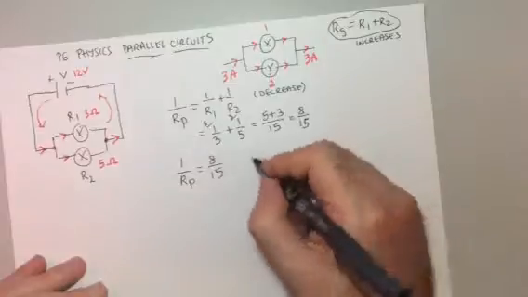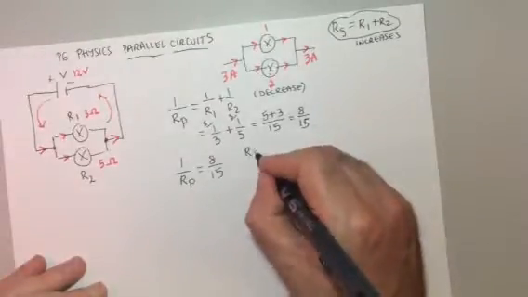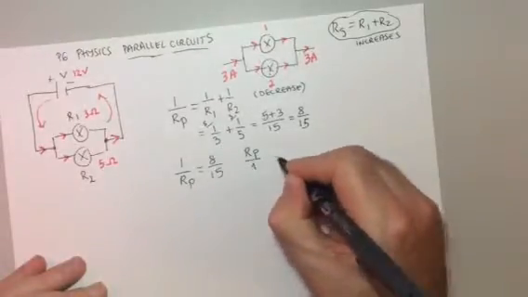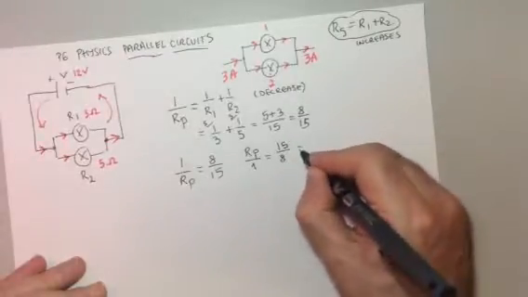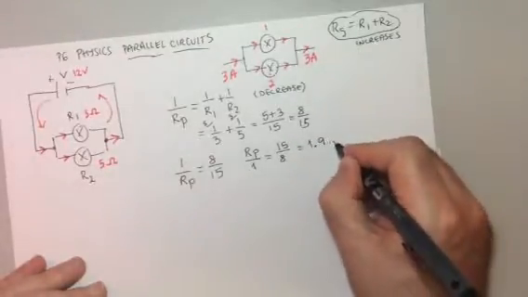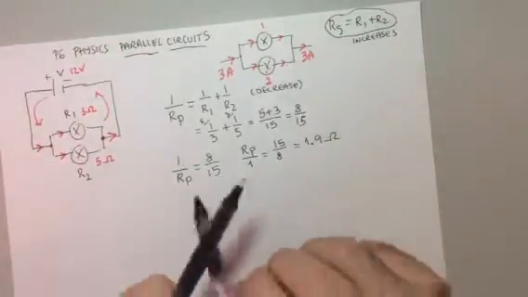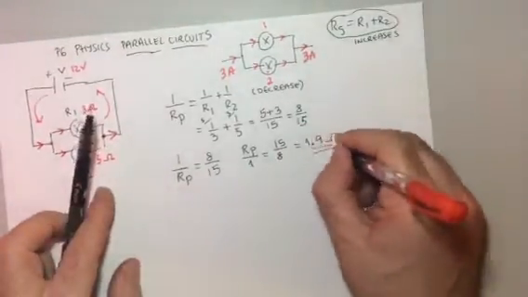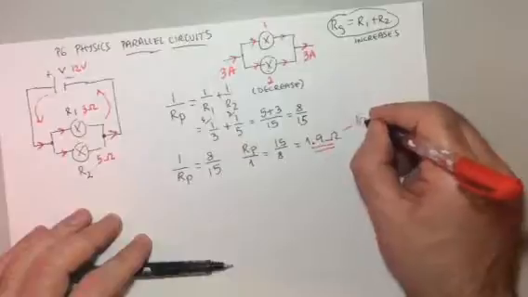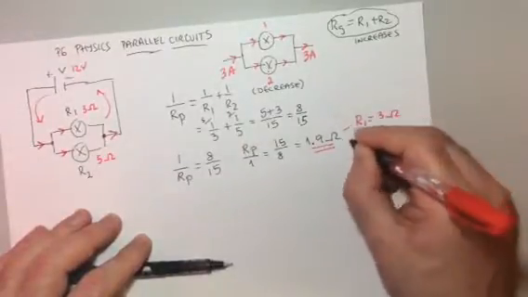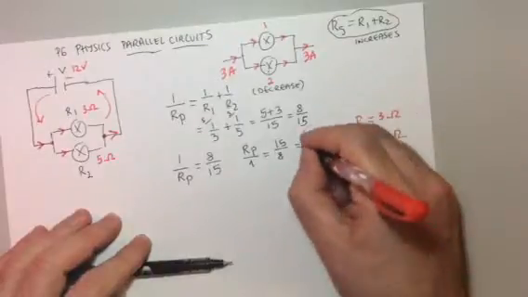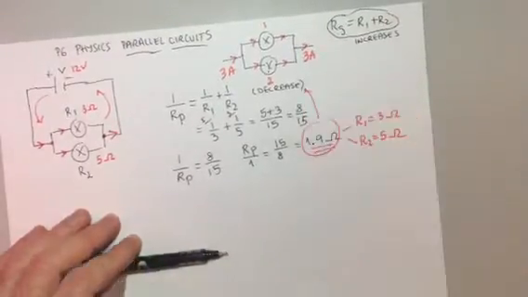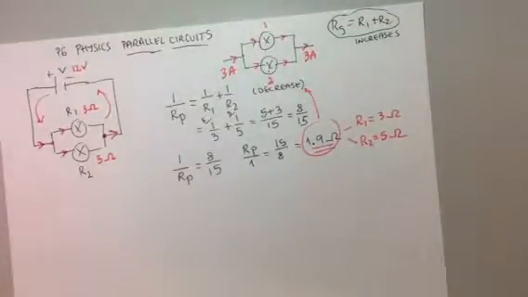Well, let me flip this equation. I want to solve for RP. RP equals 15 over 8 equals 1.9 ohms. So this is the overall resistance, 1.9 ohms. If I compare this to R1, which is 3 ohms, or to R2, which is 5 ohms, it's obvious that this resistance is decreasing.